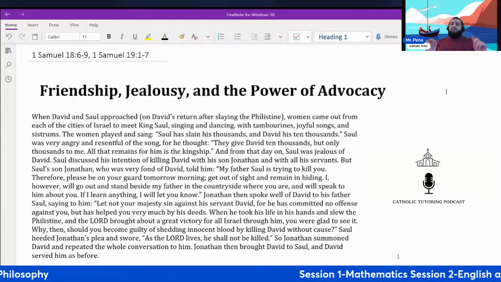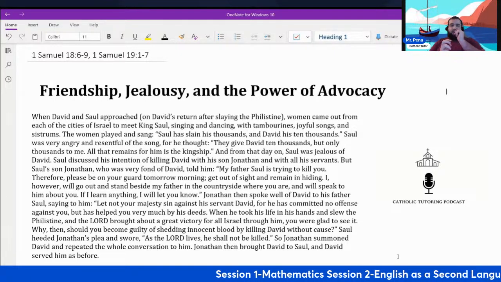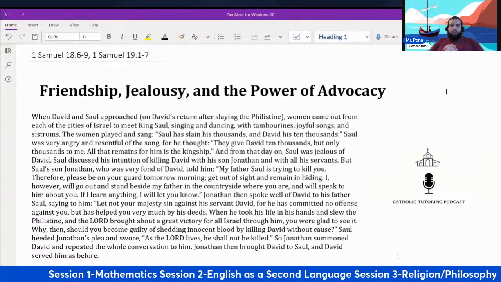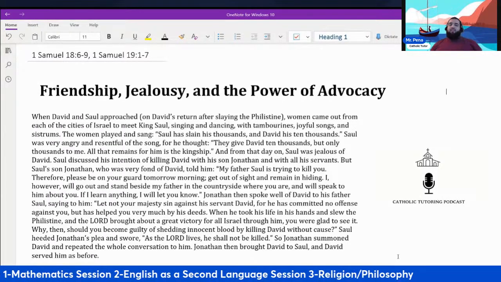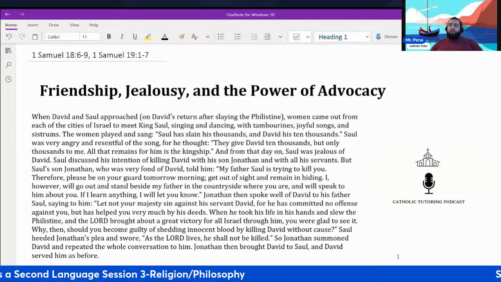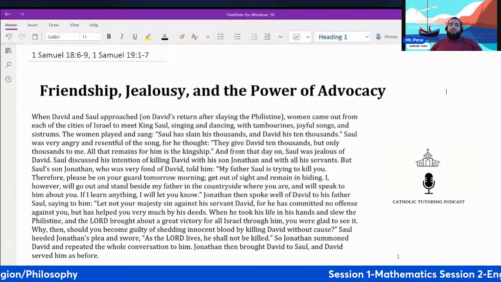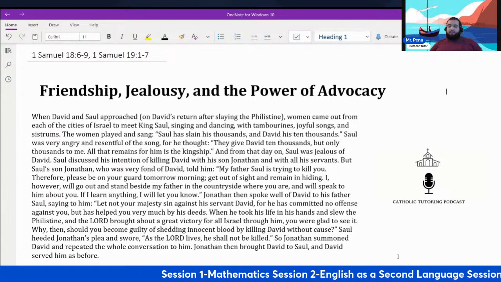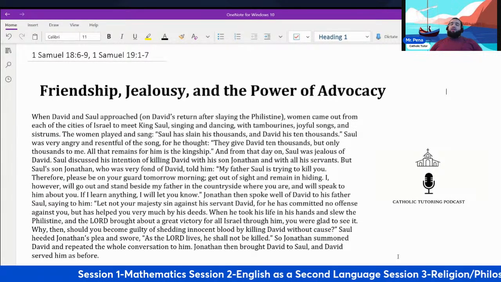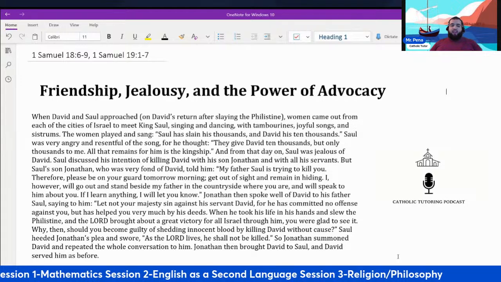The women played and sang, quote, Saul has slain his thousands, and David his 10,000s. Saul was very angry and resentful of the song, for he thought, they give David 10,000s, but only thousands to me. All that remains for him is the kingship. And from that day on, Saul was jealous of David.